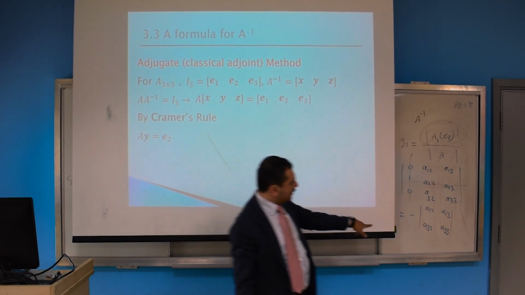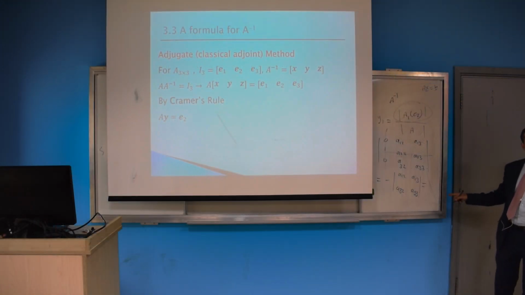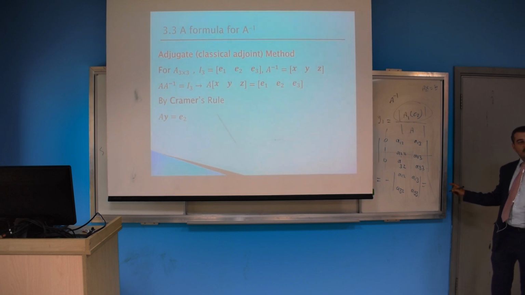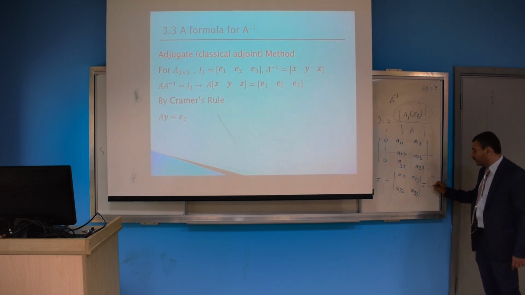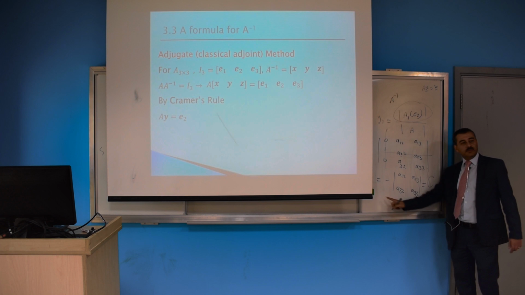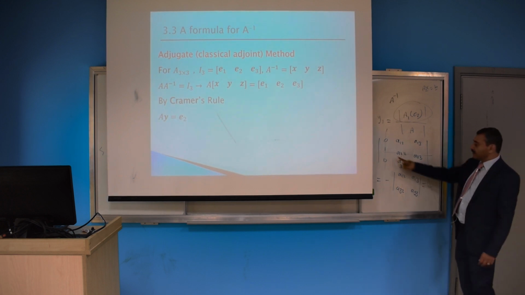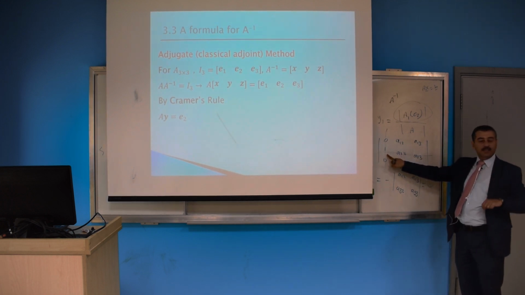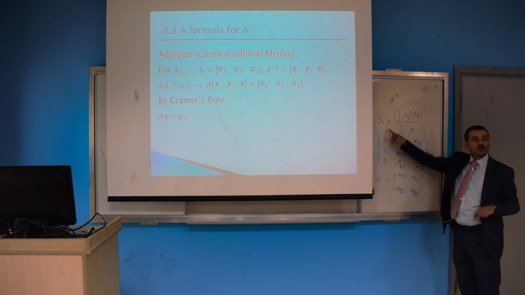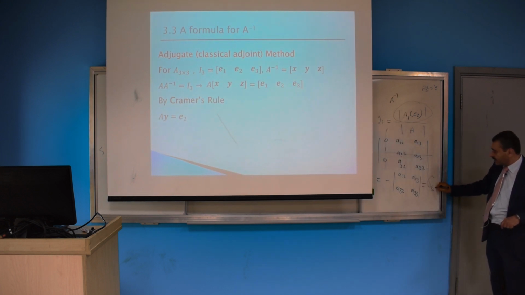If you look at this guy, we call this guy the cofactor, which contains the minor determinant with its sign. The cofactor of which element? Of this element in the matrix A, which is A21. So this is C21.